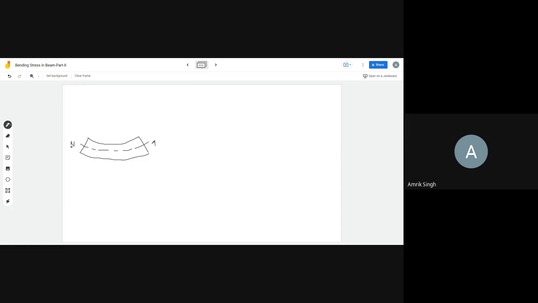NA is the neutral axis. So no deformation on the neutral axis. That means the stress is zero.